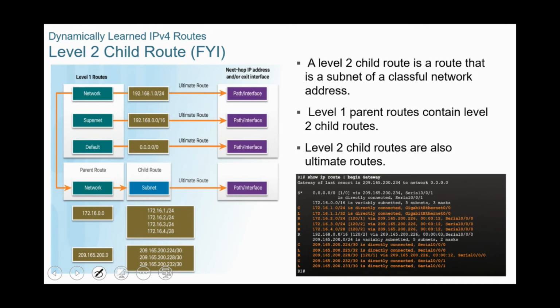So you have a level 1 parent route that contains the level 2 child routes. The level 2 child routes are also ultimate routes. Remember, we just mentioned that an ultimate route is one with either the exit interface or the next hop IP address. So your level 1 parent route will contain the level 2 child routes, and the level 2 child routes are also ultimate routes.